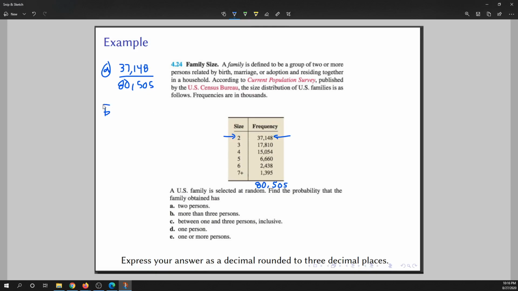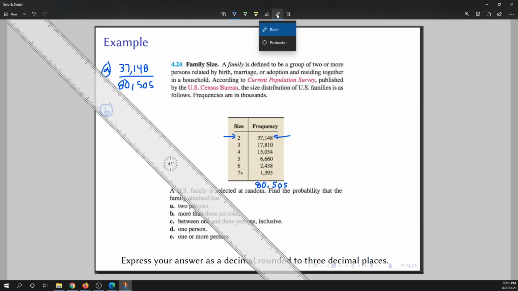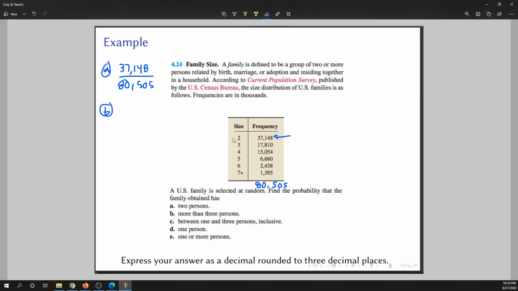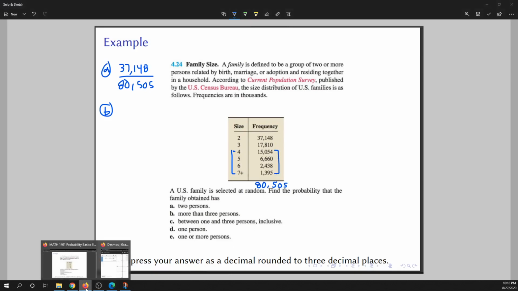For part B, they want to know the probability of more than three persons. More than three would be four or bigger. So that would be all of the people in this group, so you'd have to add these numbers up. Let's go ahead and do that.